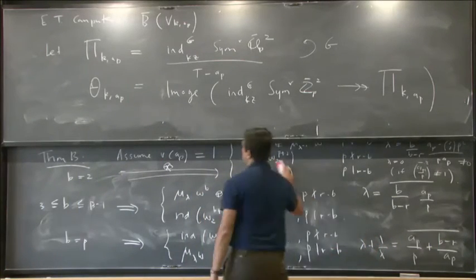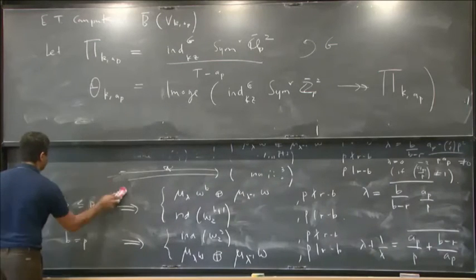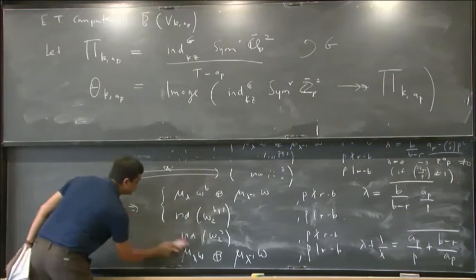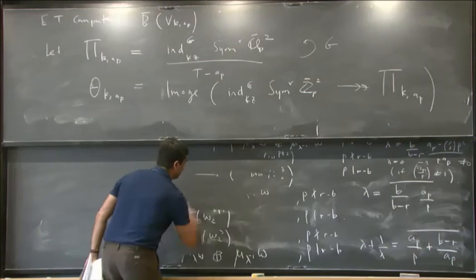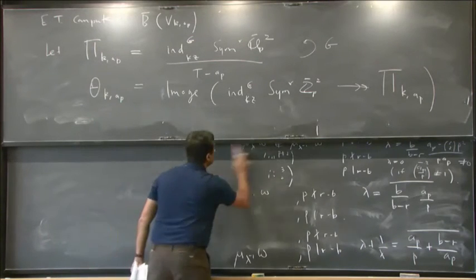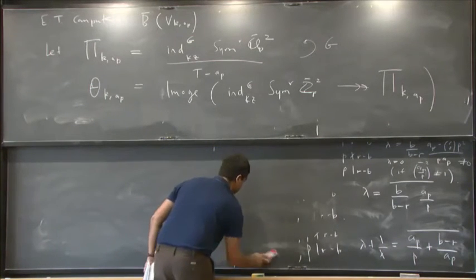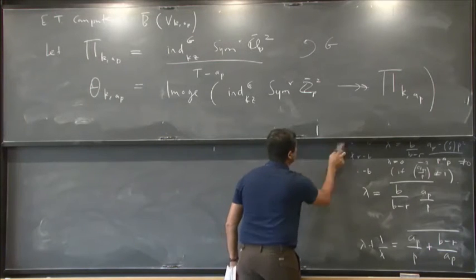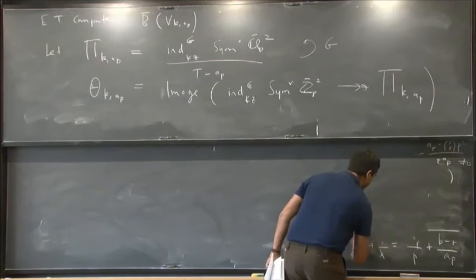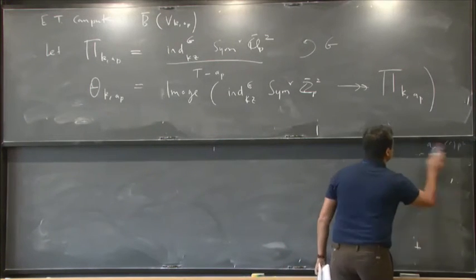And finally, you can reduce this lattice mod p. So let's define theta bar to be the mod p reduction of capital theta.